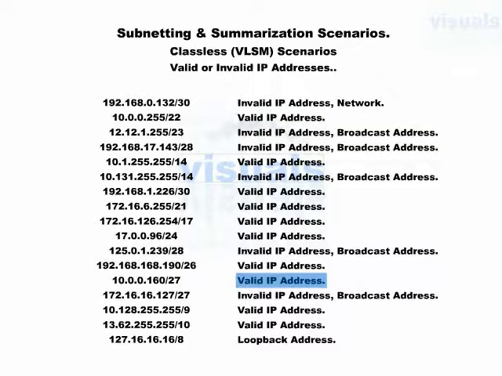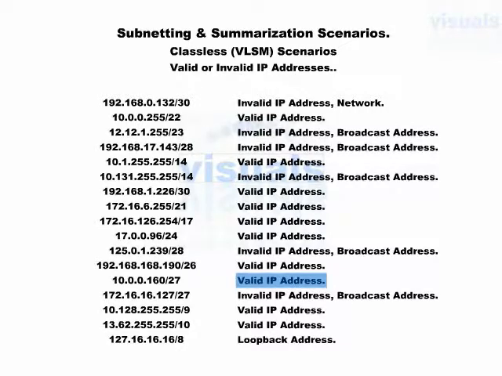No, 129 to .158. Yes, these are 30 valid IP addresses, and 10.0.0.159 is the broadcast address, and 10.0.0.160 is the next network. It is the network address, not a valid IP address. Sorry for the mistake. Let's move further.